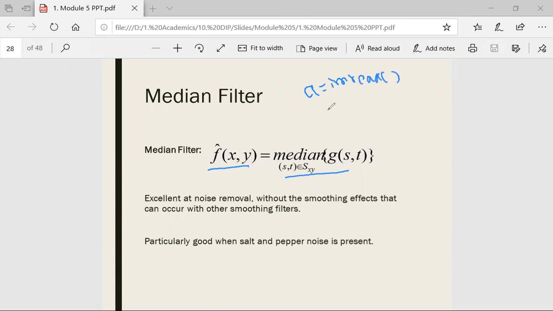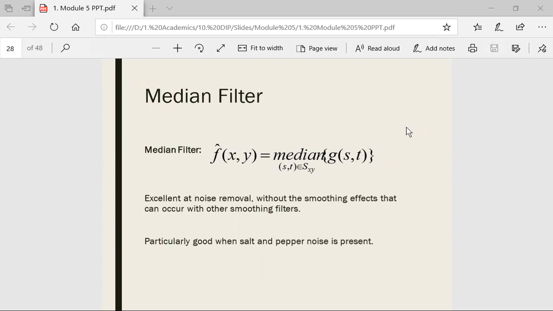Then to add the noise, b equals imnoise of a comma 0.1 or 0.2, whatever value you want, that is how much noise you add. Then you apply median to remove the noise from the image, then show the noise free image in the display. The median filter is excellent at noise removal without the smoothing effects that can occur with other smoothing filters.